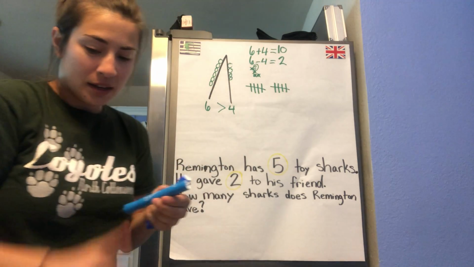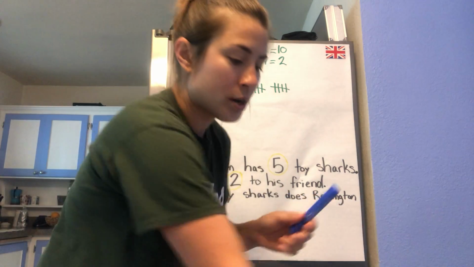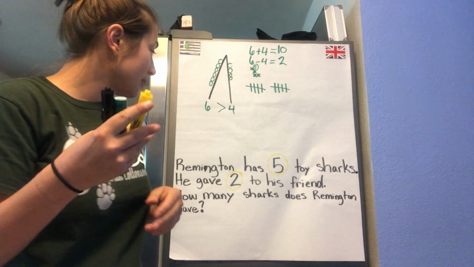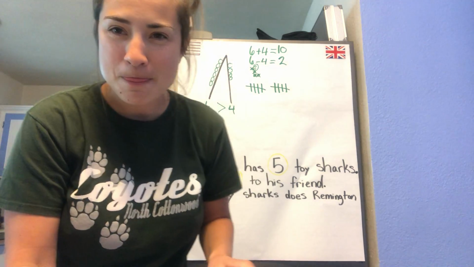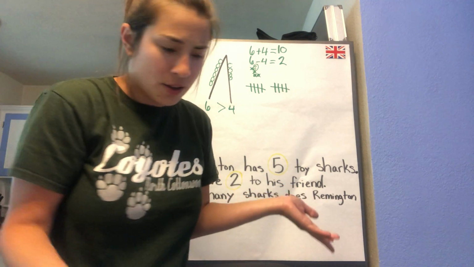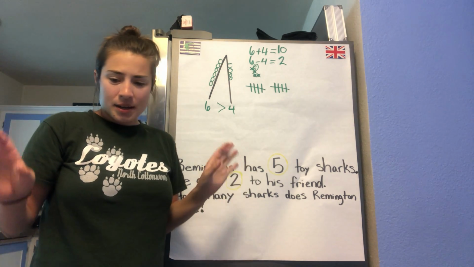He gave 2 sharks to his friend. 1, 2. His friend is playing with the sharks. Remington has some sharks left. But how many? So that's why we have to pull these out and make an equation.